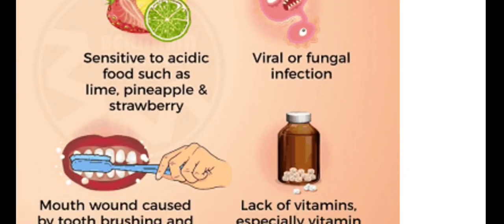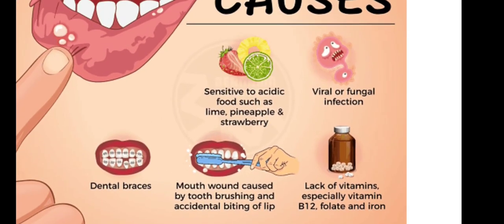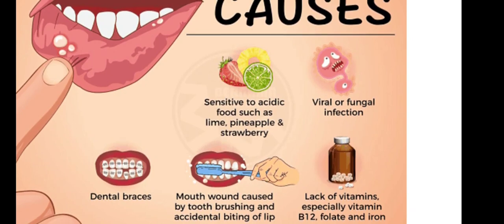It can especially also be caused by a lack of vitamins, especially vitamin B12 and iron. So the deficiency of vitamin B12, folate and iron can together cause mouth ulcers, and these are all the causes of the mouth ulcer.